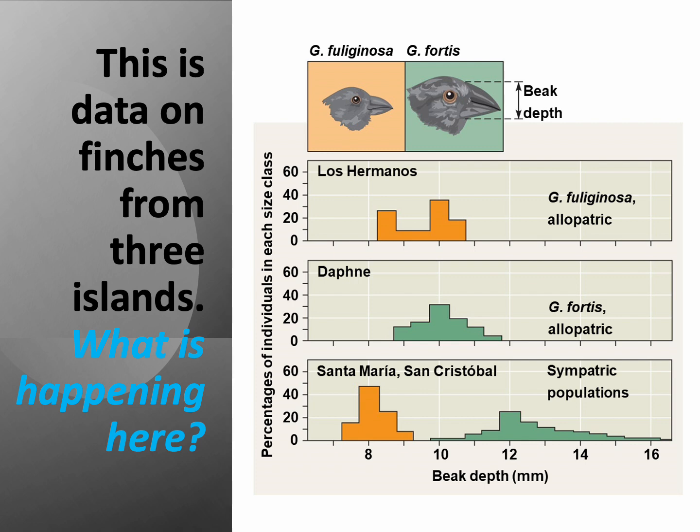So the fuliginosa bird is starting to get a smaller beak, lower beak depths, and then the fortis bird is going to shift towards larger beak depths. So you see this shift in the average. They're basically trying to avoid competition with each other. Now on the other islands, their beak depths pretty much overlap. So again, competitive exclusion driving differences in traits.